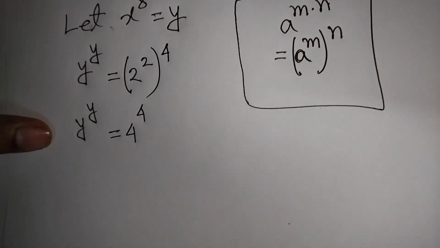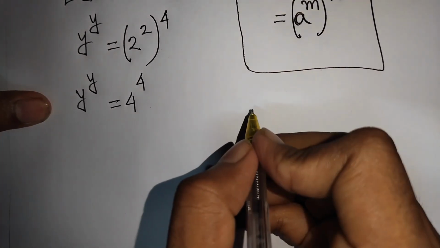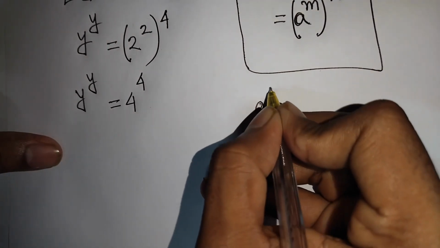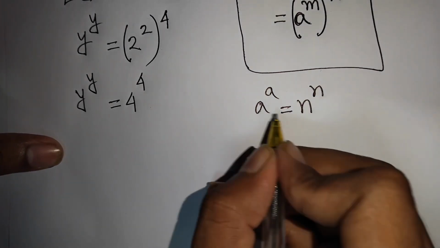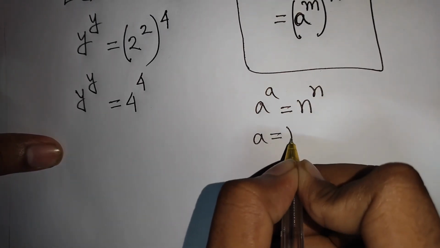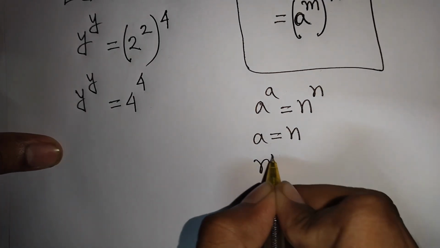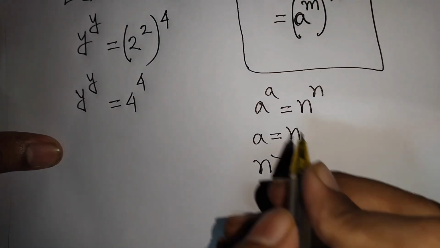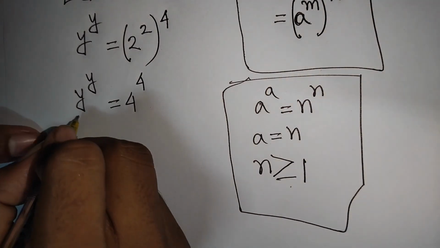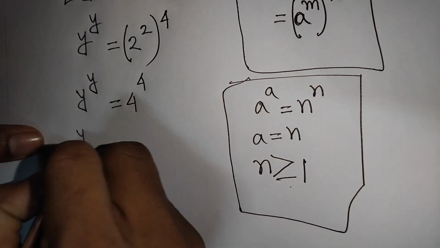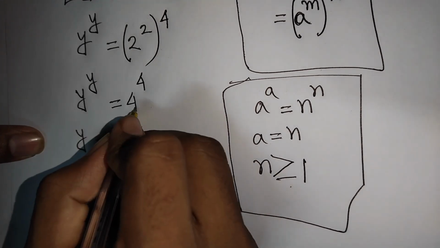Now here I can apply the rule that a power a is equal to n power n, so a will be equal to n, where n is greater than or equal to 1. So according to this rule, I can compare here y will be equal to 4.